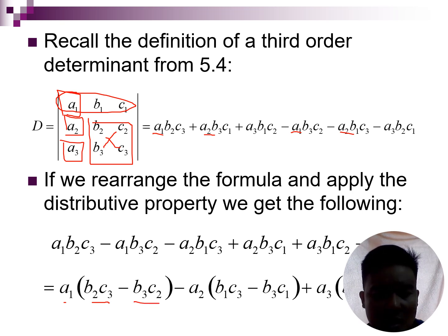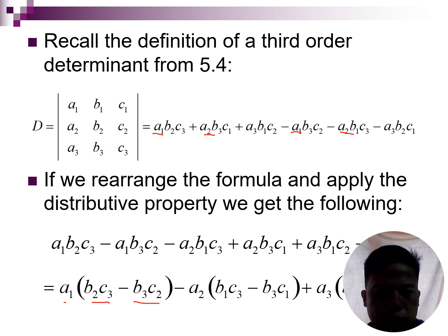Just like what I told you during our discussion, the signs here would be plus, minus, plus, minus, plus, minus, plus, minus, and plus. So if you have observed, we have the alternating signs here. We will be discussing this thoroughly later.